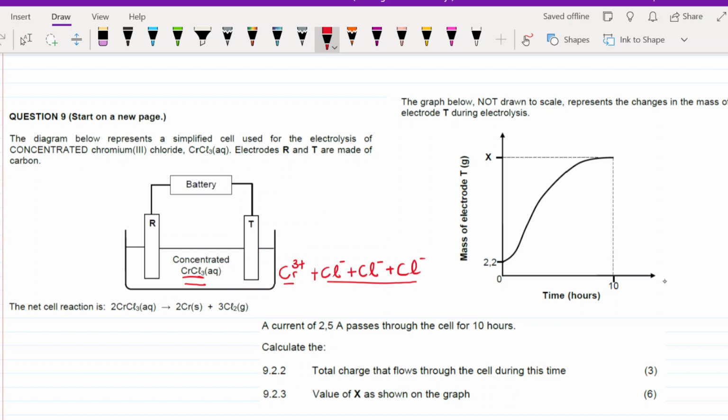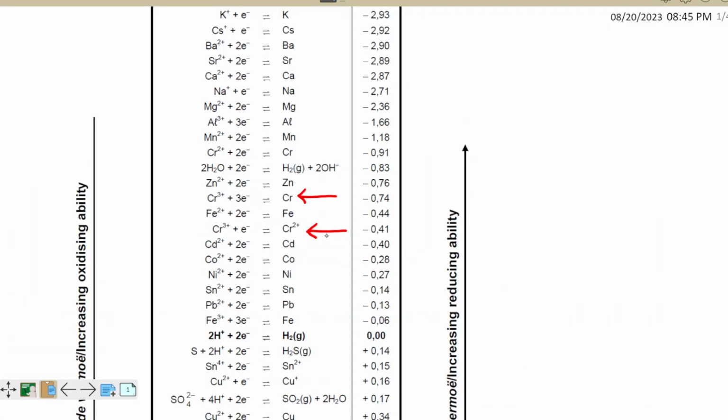So that means that we have Cr3+, which will be reduced by 3 electrons to become Cr in solid form. If you go to your table 4B, this is what you are going to see. Here is your table 4B.